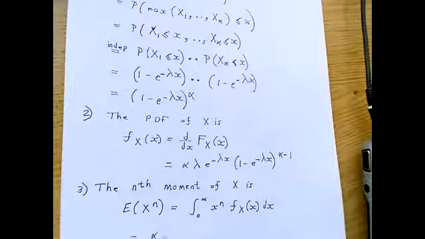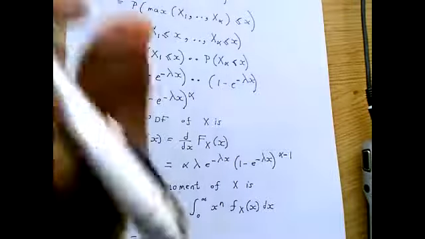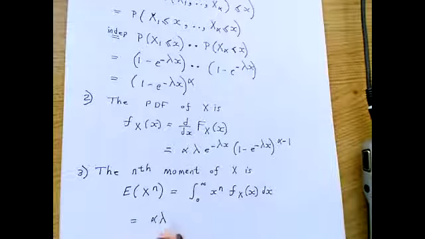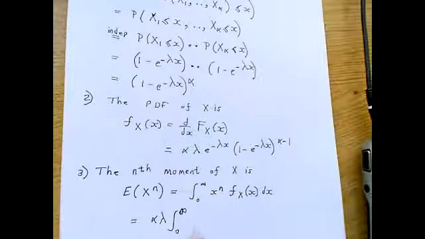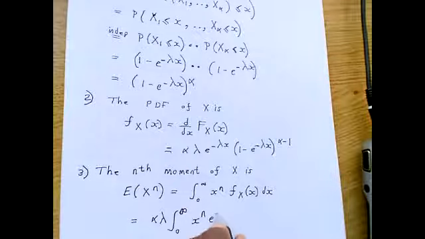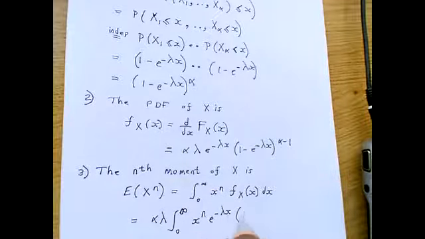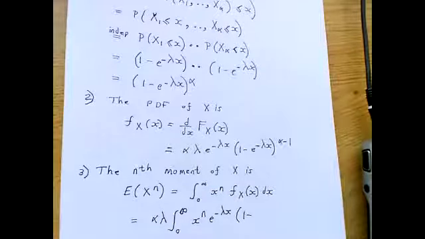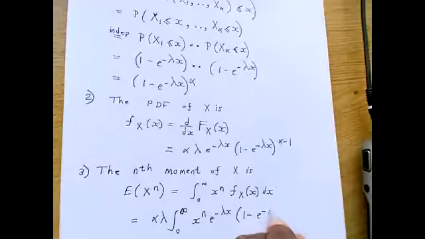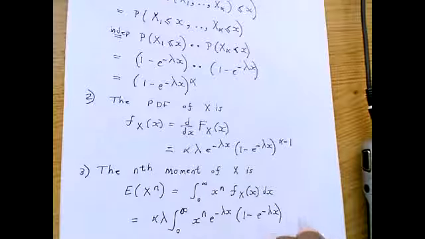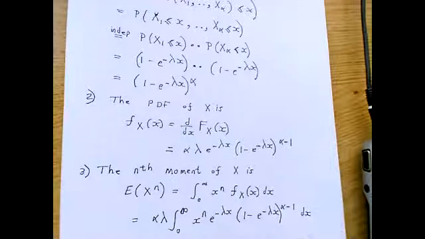You get alpha lambda times the integral from 0 to infinity of x to the power n e to the minus lambda x, times 1 minus e to the minus lambda x to the power alpha minus 1, dx. All right.